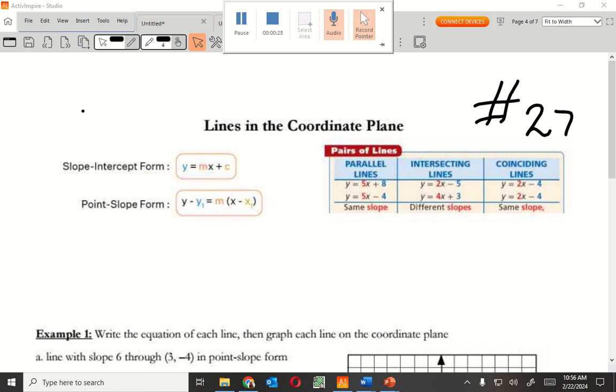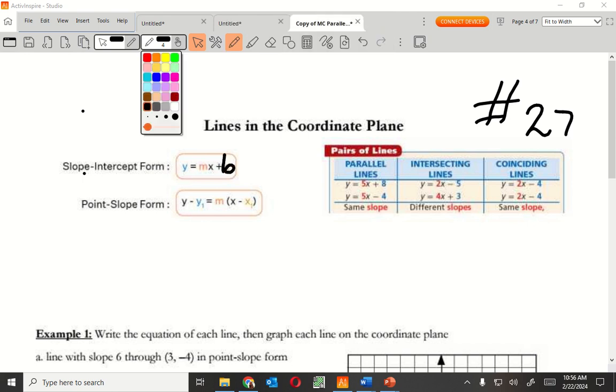Okay, so we're going to go over and do some math. And this goes along with what we did the other day. We're talking about slopes of lines, and we talked about the different types of lines. The equation of a line in slope-intercept form is y equals mx plus c, they put c here in this case, but most people already know it as mx plus b, so we can change that if it really bothers you.